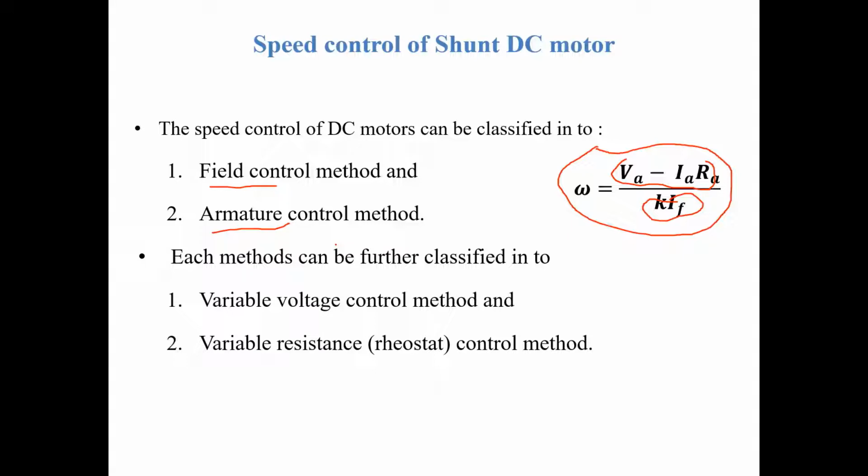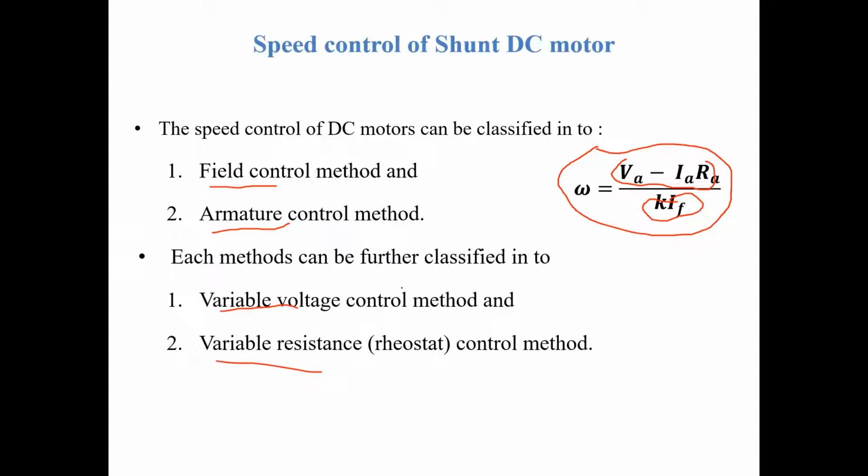We'll see each one by one. Each method can be implemented either through a variable voltage or through a variable resistor, by inserting a rheostat in series with the armature winding or in series with the field winding.